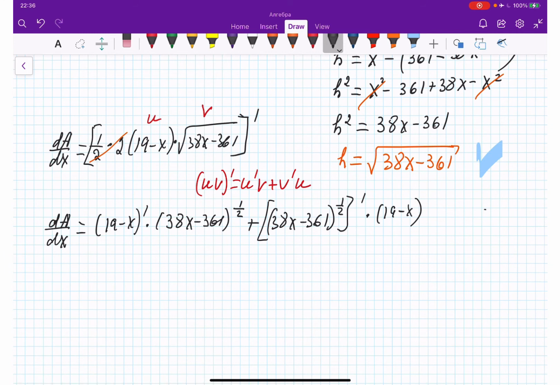Okay, let's see what kind of simplifications we can do.